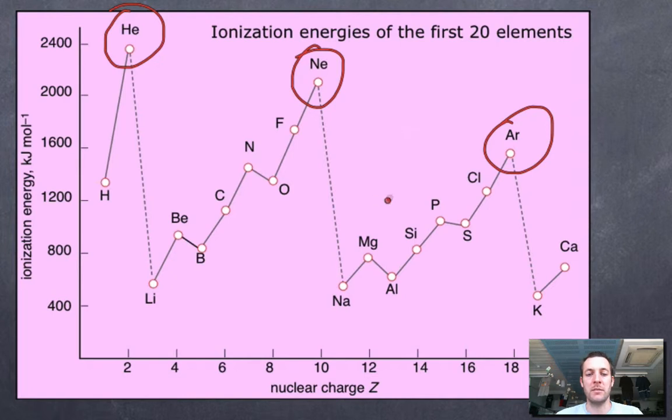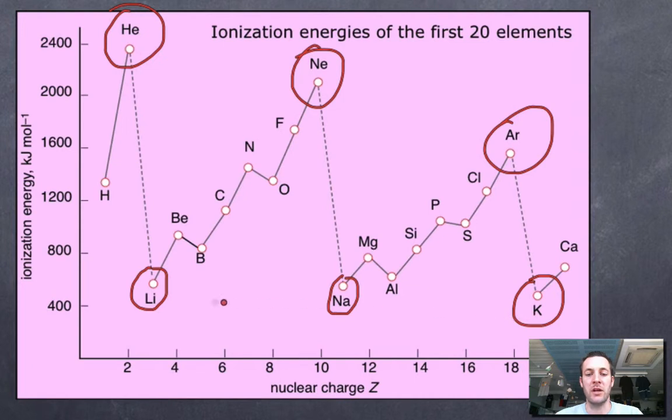Similarly, we can see that the group 1 elements, lithium, sodium and potassium, so they're the group 1 elements in the second, third and fourth periods, have the lowest first ionisation energy because they find it easy to lose their one electron. They want to lose one electron to become stable, so it's easy to remove their first electron.